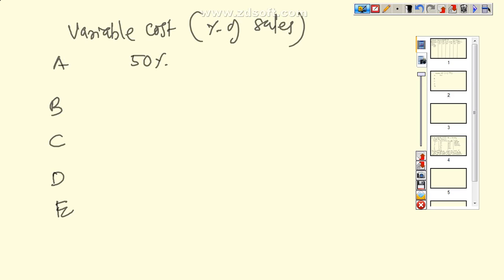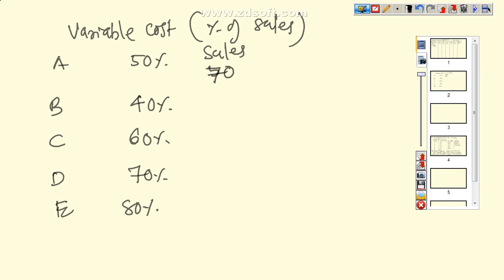50%, 40%, 60%, 70%, 80%. Sales are given in the question: 70, 60, 50, 80 and 40.